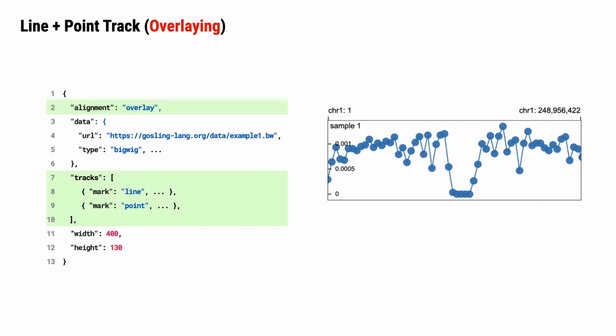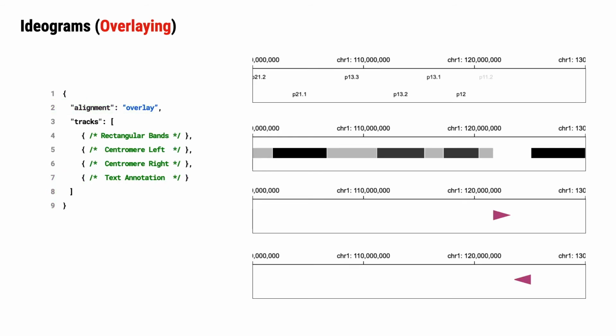Sometimes it is necessary to overlay multiple tracks. In Gosling, there is a property called alignment for this purpose. So using the overlay option, users can superpose multiple tracks, here a line chart and scatter plot. This allows creating more complex glyphs that are commonly used in genomics visualizations.